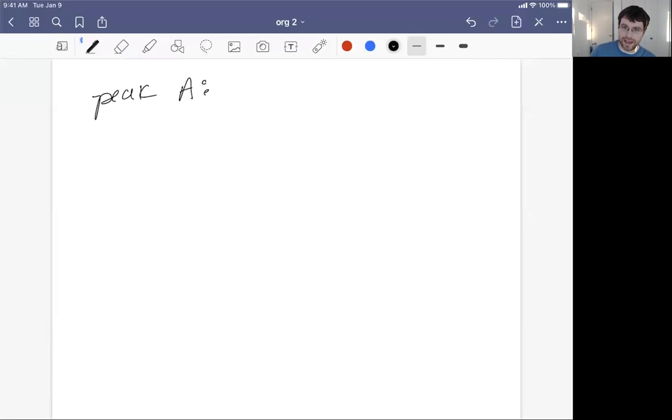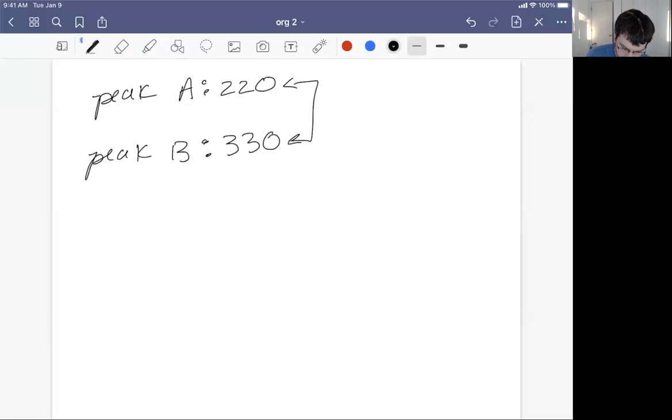So let's say that peak A is, let's go 220. And then peak B has an integral of 330. Okay, so these are the integral values.